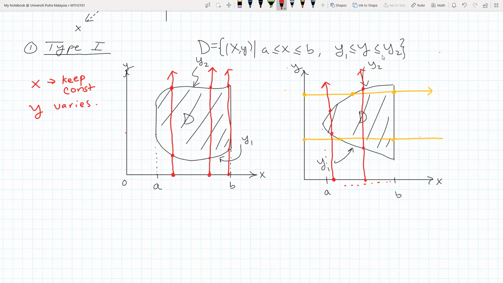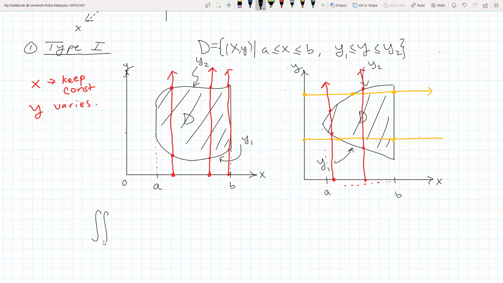Okay, let's look at an example. Okay, sorry, sebelum kita pergi ke example, mungkin kita boleh buat definition. Okay, untuk type 1, double integration over rectangle, over type 1 region.